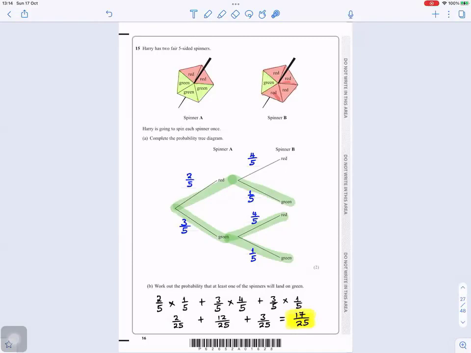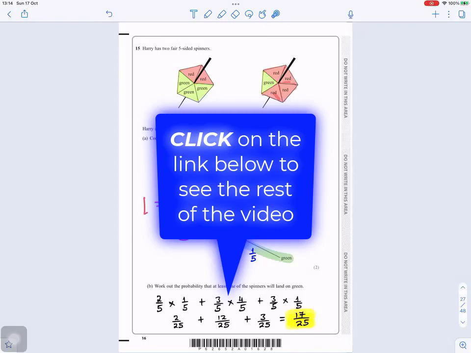To make sure, when you add the 2 branches, it will add up to 1. When you add these 2, you get 1.